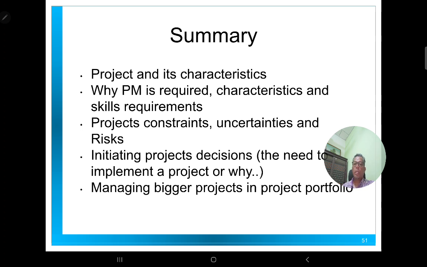So we have reached the end of the PM1 topic, basic understanding of project management. In summary, you should be able to identify or define the project and the characteristics of the project.